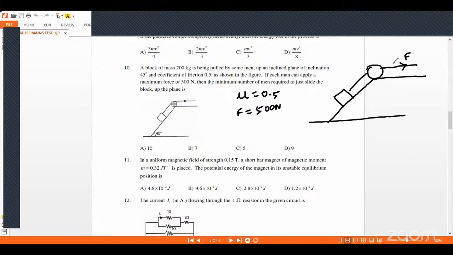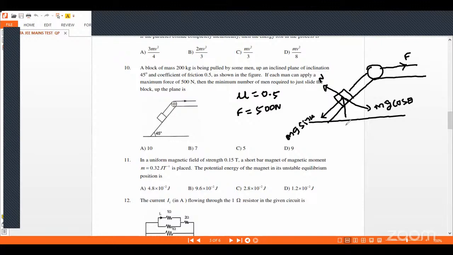Whenever the block is pulled, the block will have a normal force or normal reaction. This normal force is balanced by mg cos theta. Along the inclined plane we have mg sin theta.